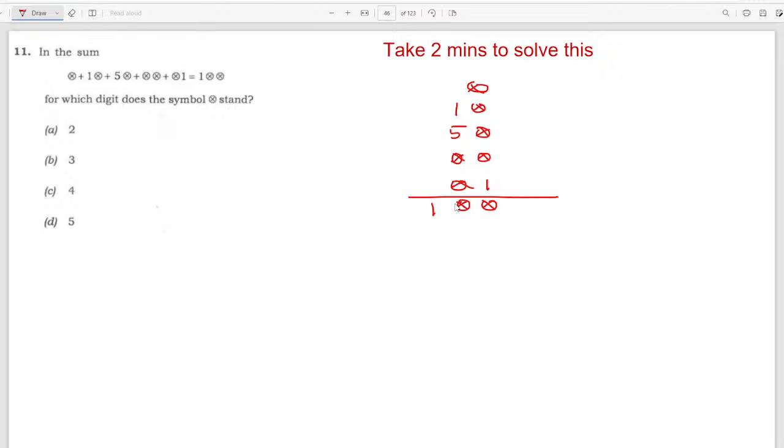As usual, we'll concentrate on the units digit. So there is this 4 times the symbol plus 1 gives the symbol itself.